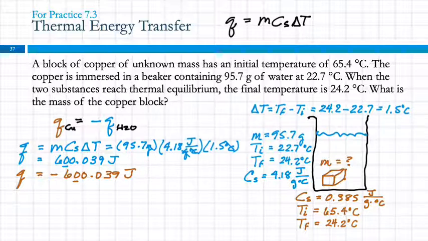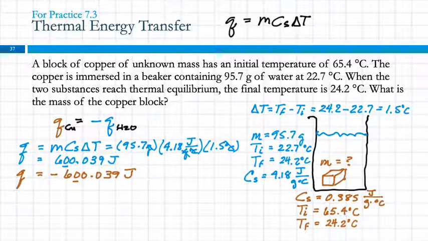What the water gained, the copper lost, right? That's the piece that students miss. They're like, well, I can calculate this, but then I'm missing things for this. What one loses, the other gains. And so if you can calculate for one of them, you just change the sign, and that's the number for the other one.